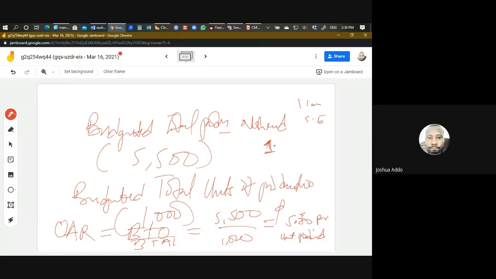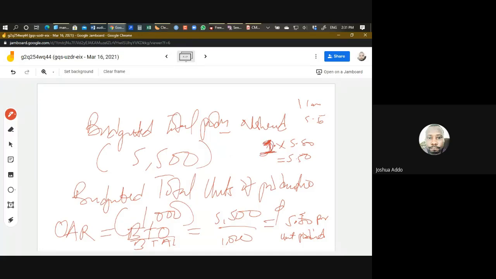Then the overhead charge per unit will be the 1 hour which labor uses to produce the product times the charge for 1 hour, which is 5 cedis 50 pesewas, and it will result in 5 cedis 50 pesewas ultimately. What if the product uses 2 hours to manufacture?